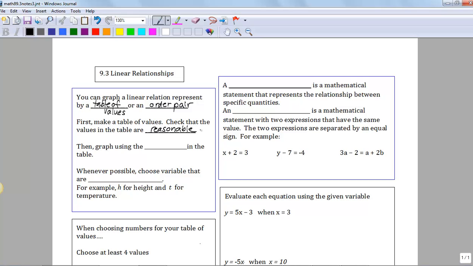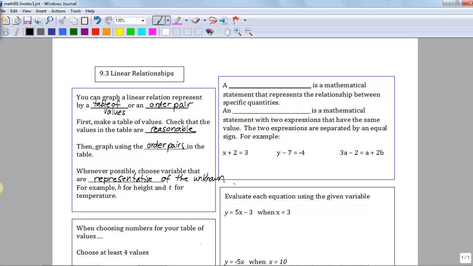Then you graph using the ordered pairs in the table. So whenever possible, choose variables that are representative of the unknown.